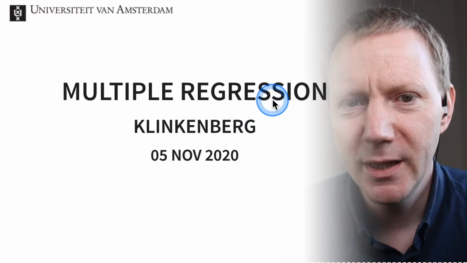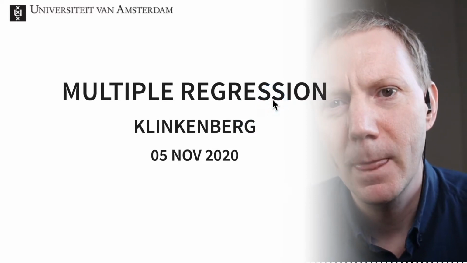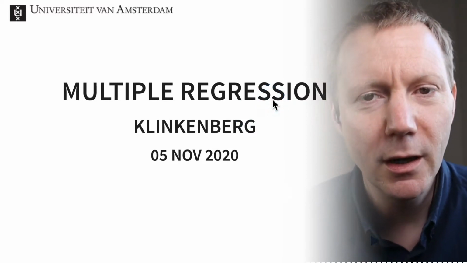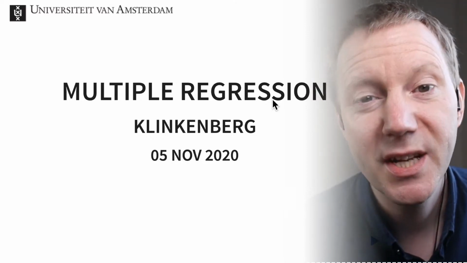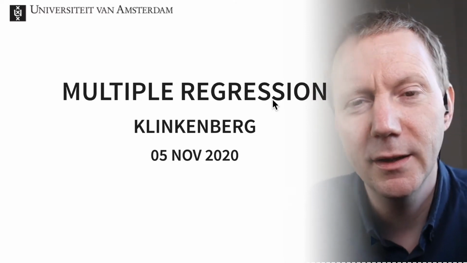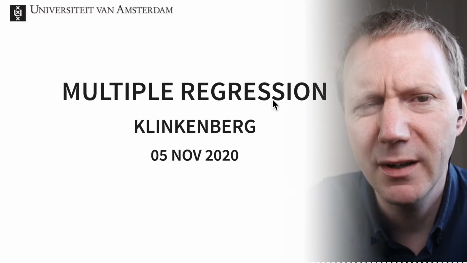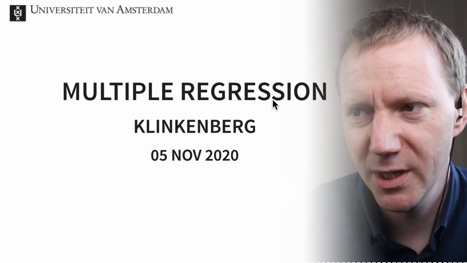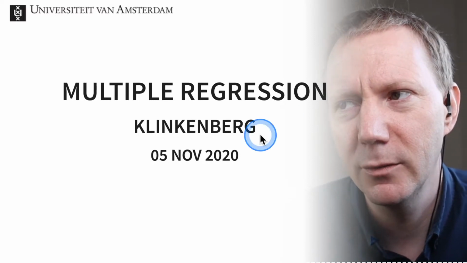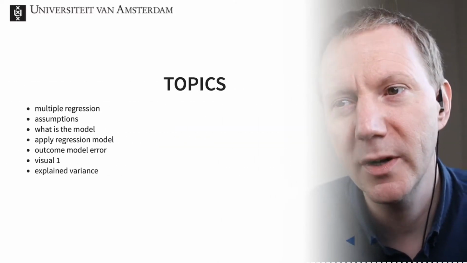We're going to be building on the assumptions that we have already put forth in the simple regression. There are some additional assumptions that we need to check for multiple regressions.